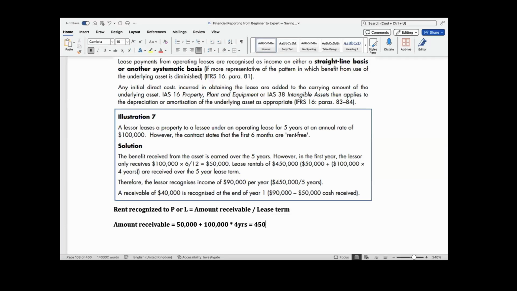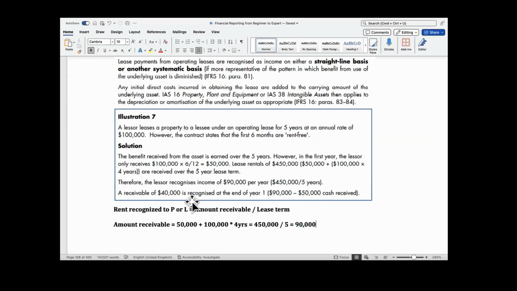So what we're expecting over the lease term is 450. Just divide this 450 by the lease term, which is 5 years. That gives you 90K, 90,000. Is this 90,000 you recognize to P&L every year?